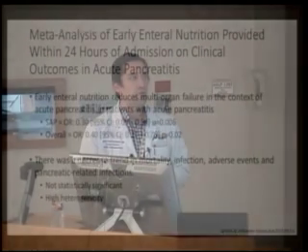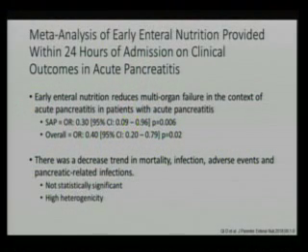This is a meta-analysis of early enteral nutrition, specifically looking at the first 24 hours of admission, and they look at clinical outcomes for acute pancreatitis. And this showed that early enteral nutrition actually reduces multi-organ failure in the context of acute pancreatitis. And here are your odds ratios of 0.3.